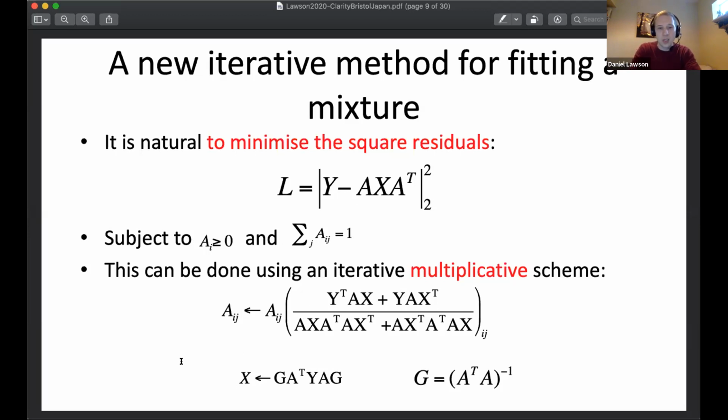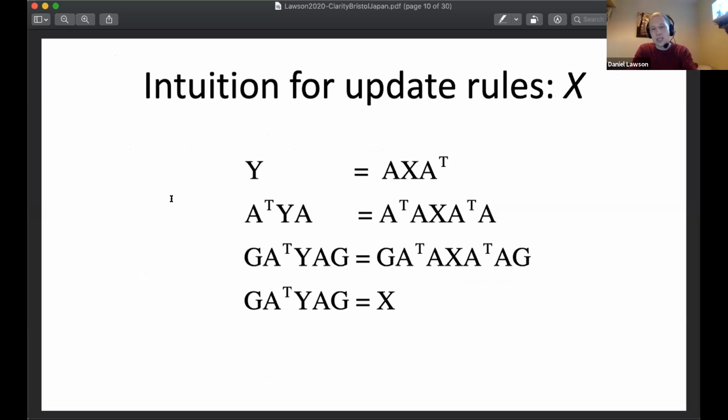And I will give you an intuition behind how these work. So the X update is quite straightforward. It's just linear algebra. So we've got this relationship. We want it to be Y equals A X A transpose. And therefore, we can just turn these rectangular A matrices into something that has an inverse. So we'll pre-multiply by A transpose A. That's now a K by K matrix.